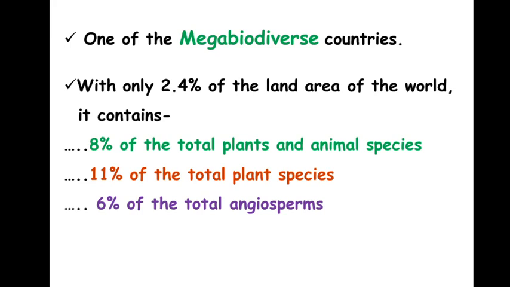They proposed the names of 17 different countries out of 195 or 193, something like that, total countries of the world, which contain 70% of the total biodiversity present on this globe. Just imagine, only these 17 countries contain 70% of the total biodiversity in the world. And these countries are named as mega biodiversity countries.